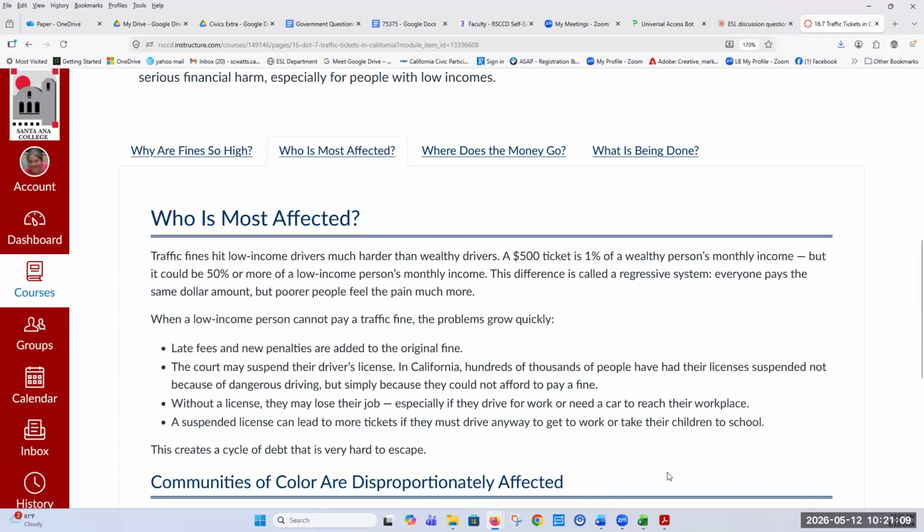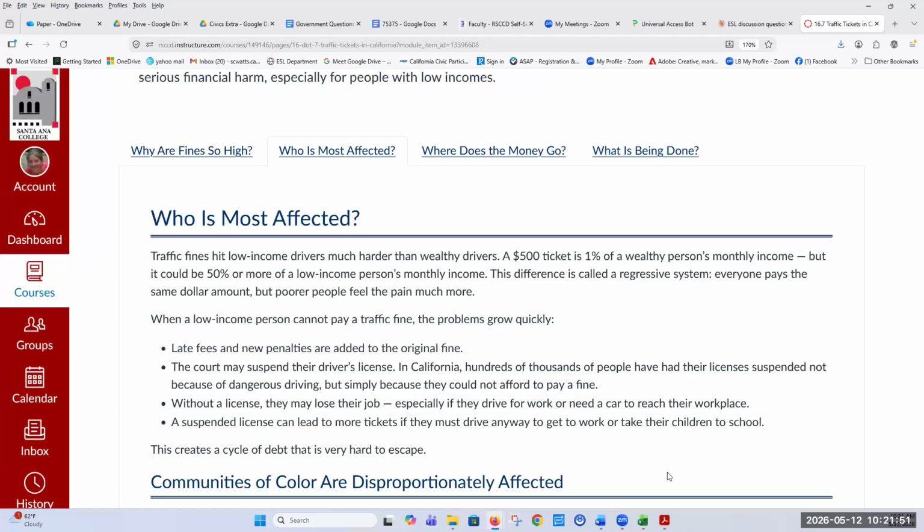Who is most affected? Traffic fines hit low income drivers much harder than healthy drivers. A $500 ticket is 1% of a healthy person's monthly income, but it could be 50% or more of a low income person's monthly income.